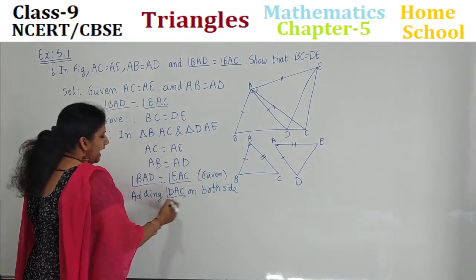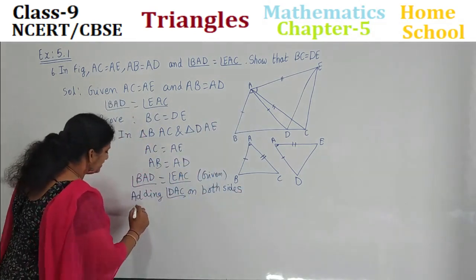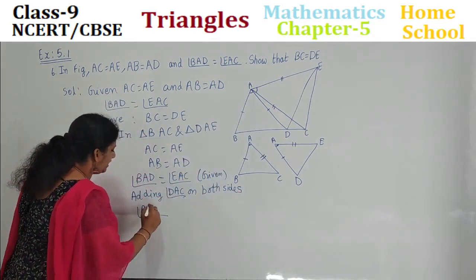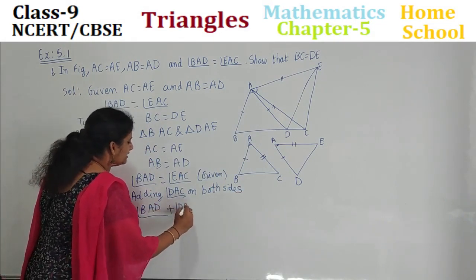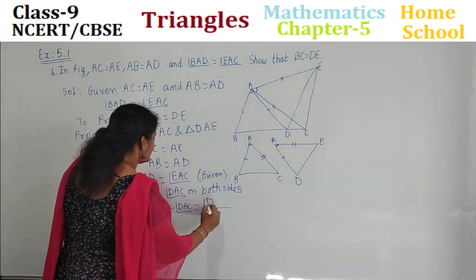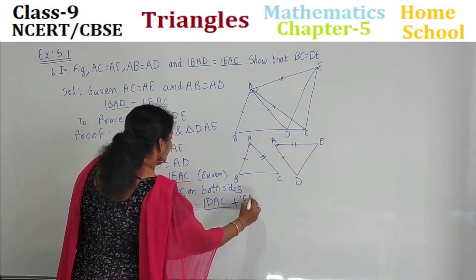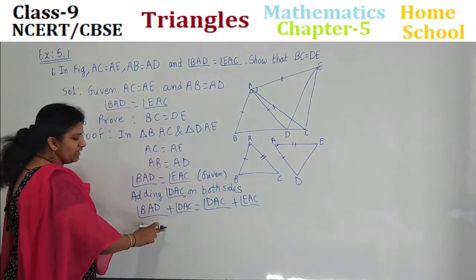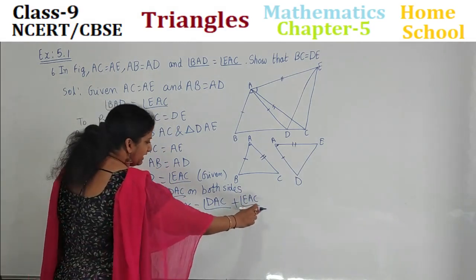Now adding angle DAC on both sides, angle BAD plus angle DAC is equal to angle DAC plus angle EAC.